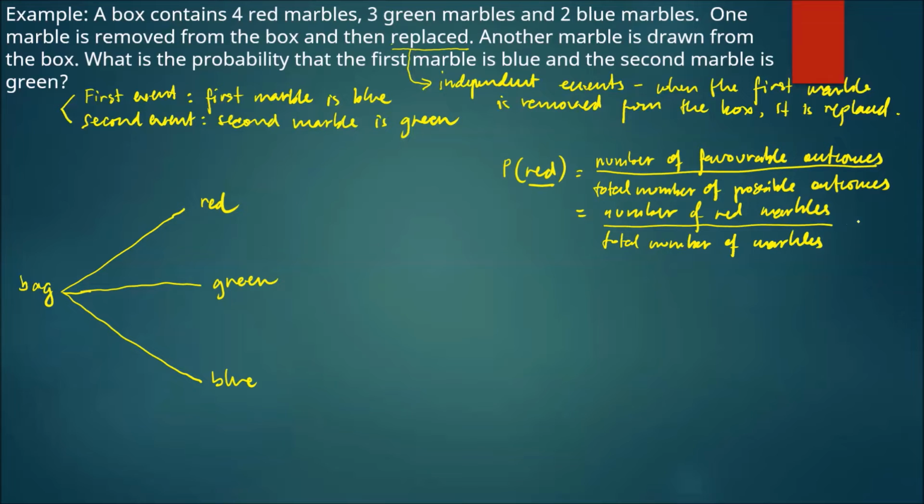So how many red marbles are there? There are 4 red marbles. And the total number of marbles is 4 plus 3 plus 2, right? Which is equal to 9. So therefore, the probability that we get a red marble is 4 over 9. Now, what is the probability that we get a green marble?